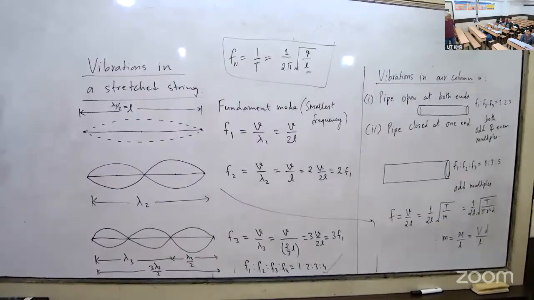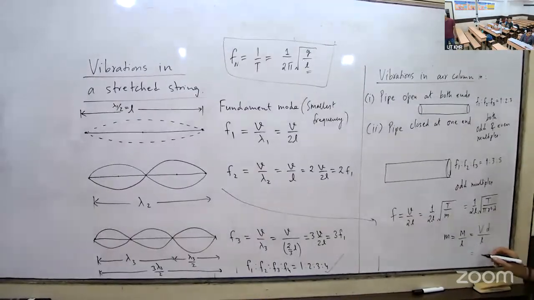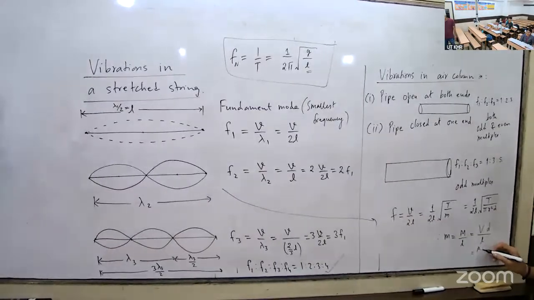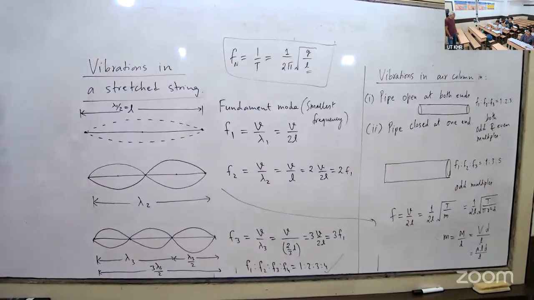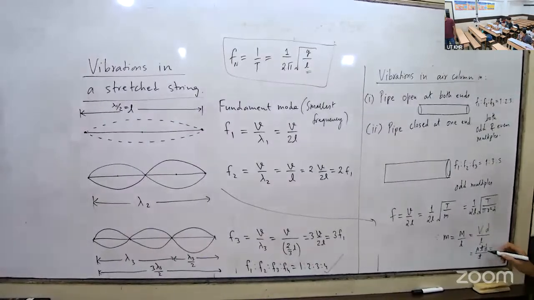And what is volume? Area into length, divided by L. Area kya hai? Area of cross section of the string. Area of cross section of string is circle. Ye L khatam ho gaya to kya bacha? This becomes pi r squared.